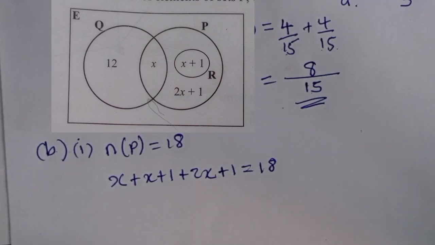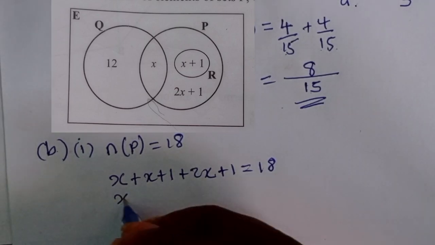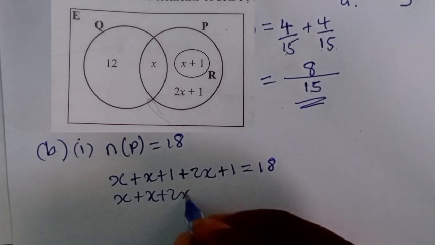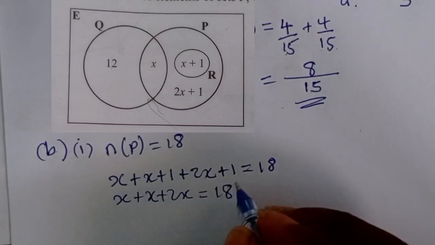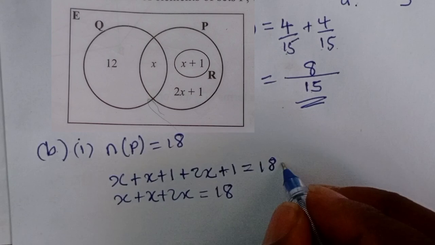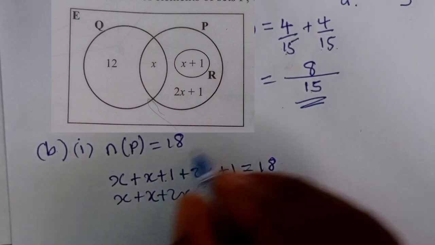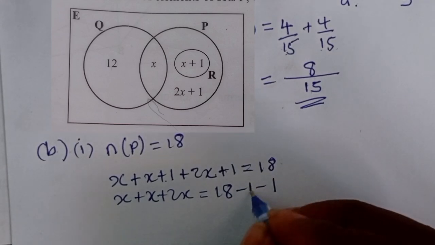So there we collect the like terms. X plus 2X equals 18. This was positive 1. When it crosses the equal sign, it will be negative 1. This was positive 1. When it crosses the equal sign, it will be negative 1.